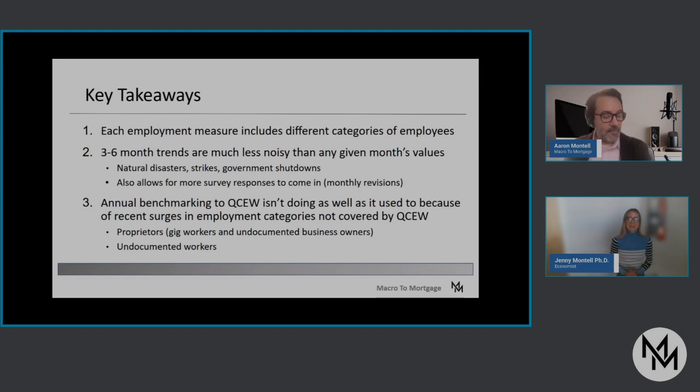So if you're going to look at monthly numbers, you really need to pay attention to what else has been going on that might affect those. Thank you for making that point. That's a really important one because even just recently, as you mentioned, there was a jobs report that followed the series of hurricanes that went across Florida that was very low and has since been revised upward. But there was a lot of noise in that first issue because of things that happened. So thank you for that.